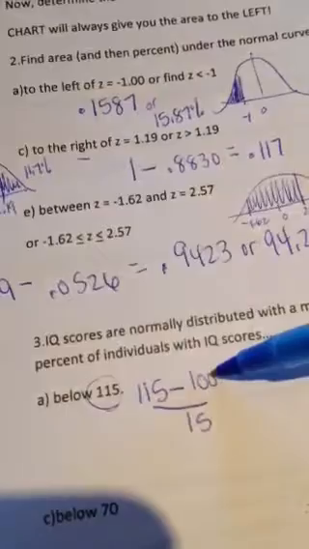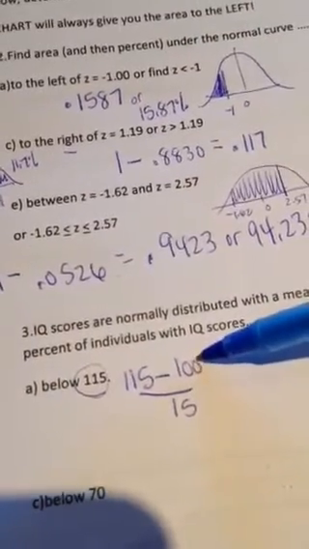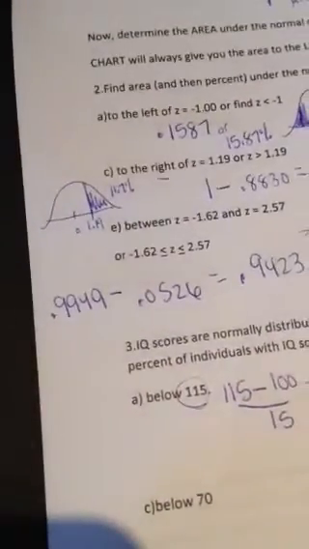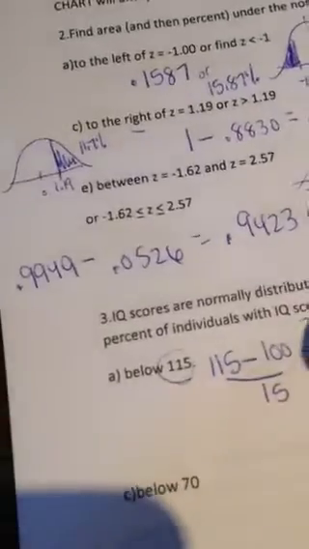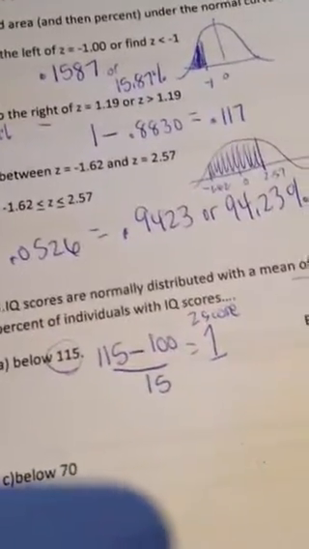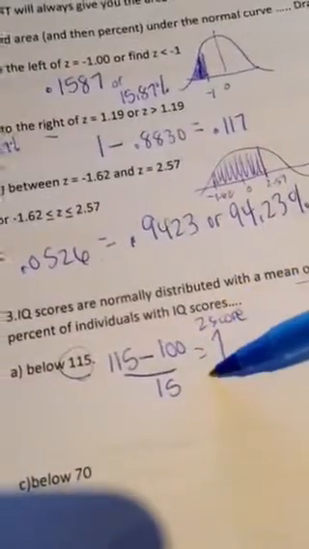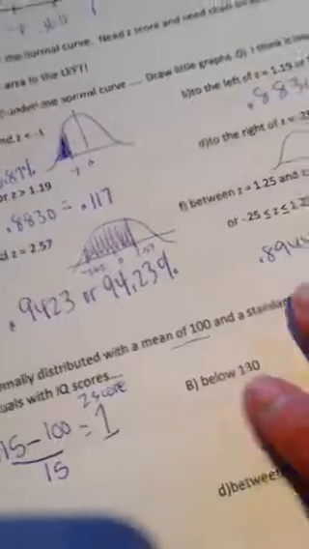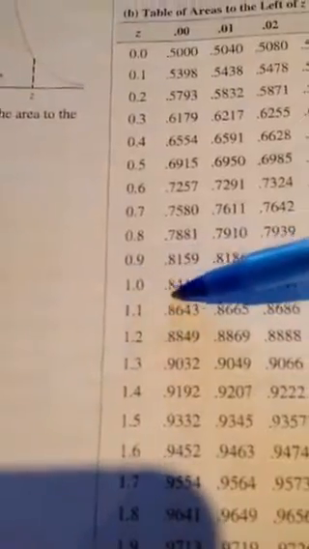So 115 minus 100 is 15. 15 divided by 15 is 1. So that is your z-score. Now, if they want the percent, you look up your z-score on the chart. So the first thing you do is find the z-score. The next thing you do is look it up. So find 1, that's 1.00, that's right here.